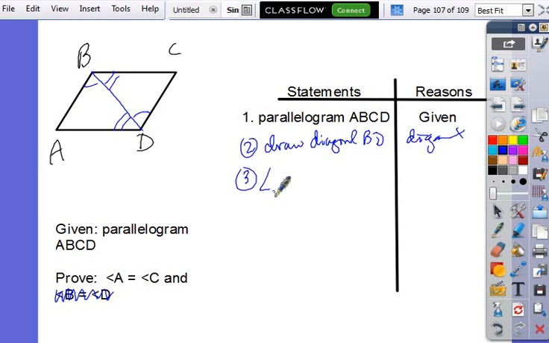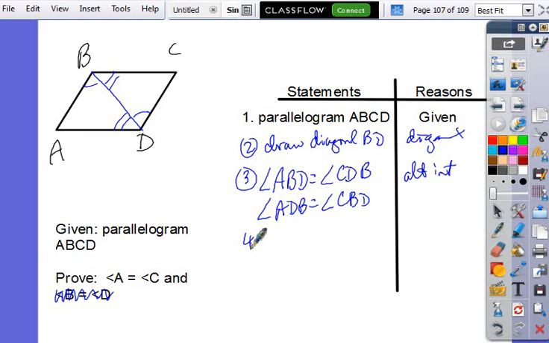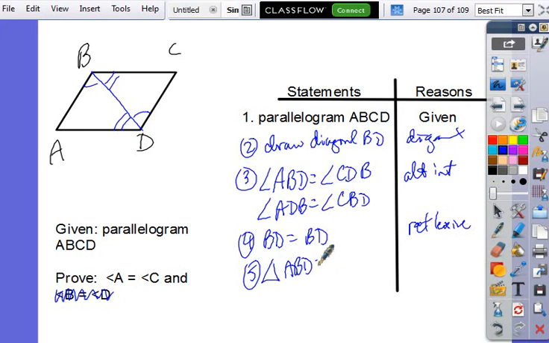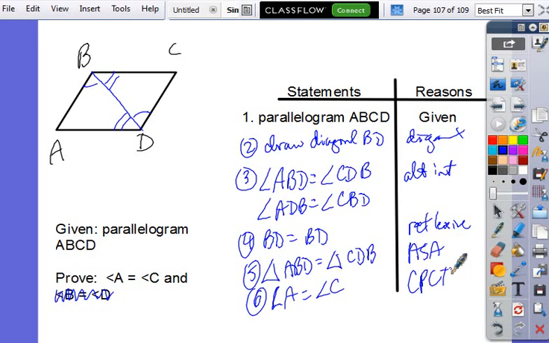So I would say ABD is equal to CDB and ADB is equal to CBD, alternate interior. I'm going to say BD is equal to BD because it's reflexive. Triangle ABD is equal to triangle CDB, angle side angle. Once I have the triangles congruent, then I can say angle A is equal to angle C by CPCTC.